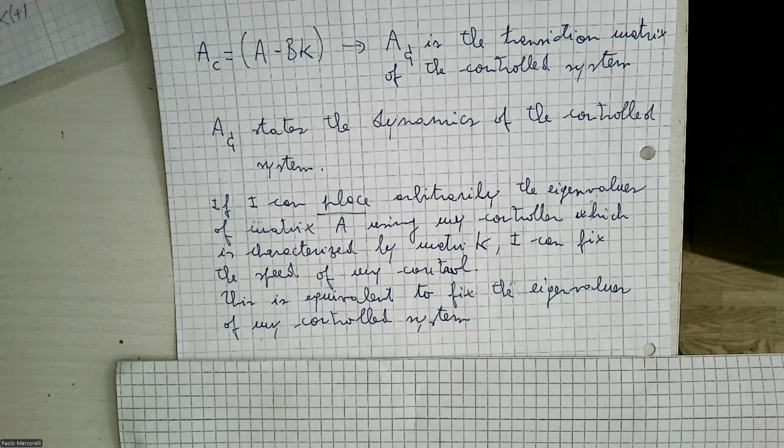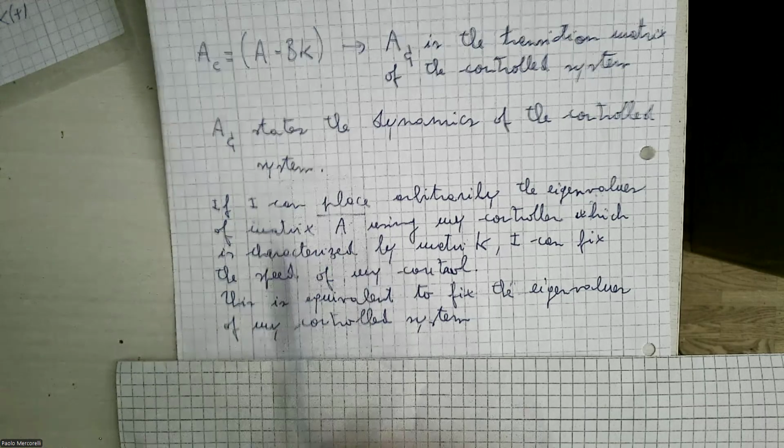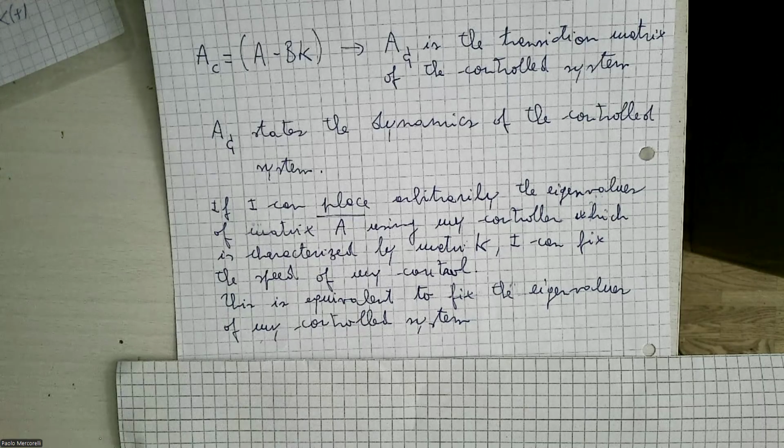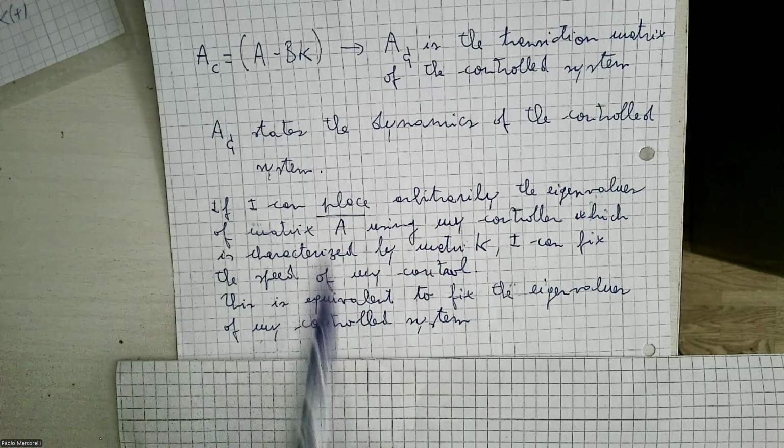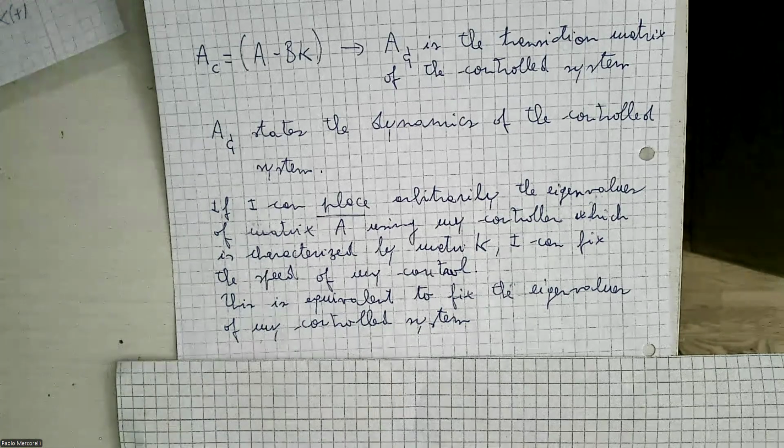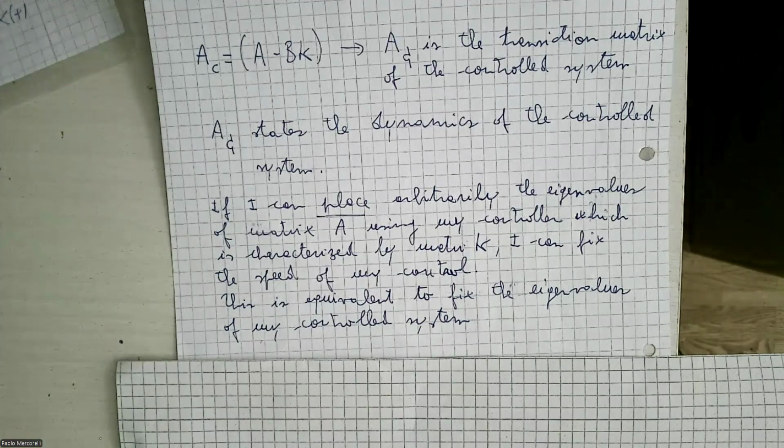This means the idea of this part of the controller is to place, I underline this word, arbitrarily the eigenvalues of the matrix AC. It's not exactly precise what I am telling you, but it's clear what I intend.